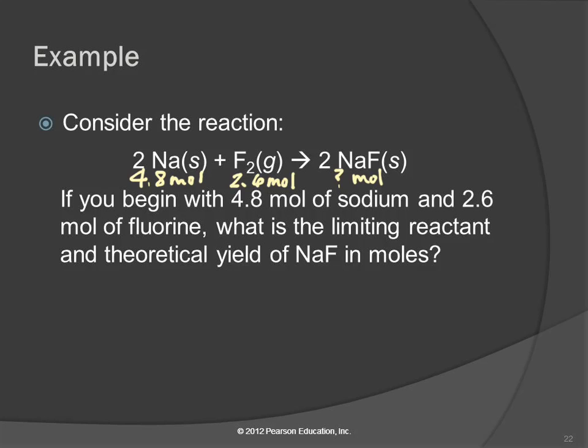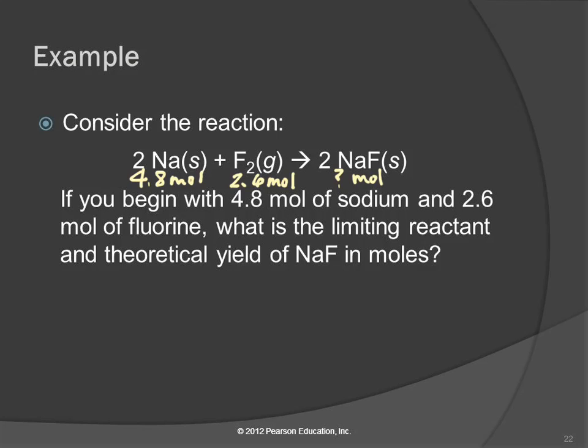Right now, in this section, we're focusing on limiting reactant problems. On the exam, there might be just regular mass problems and limiting reactant problems all kind of jumbled up together. How do you know which is which? If they give you two masses, chances are very good it's a limiting reactant problem.